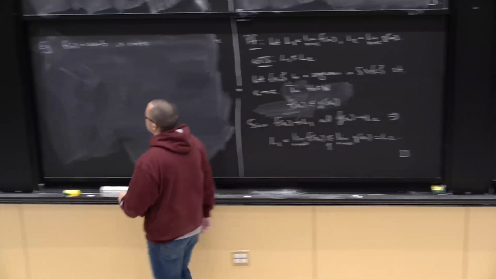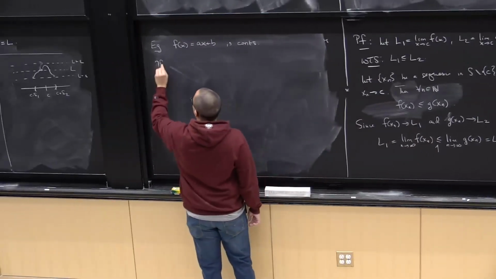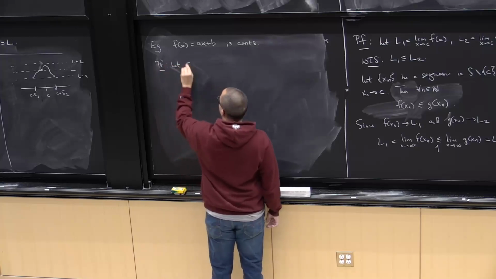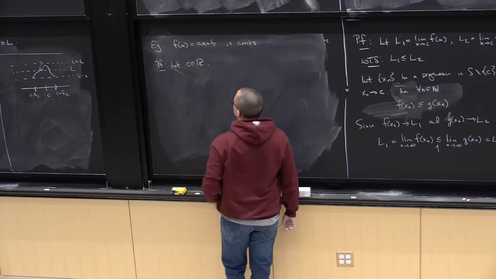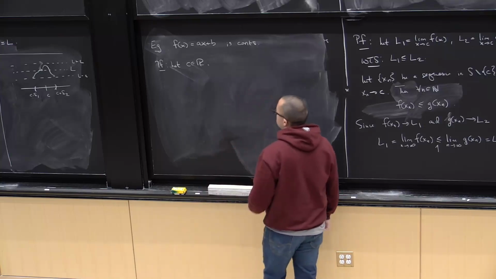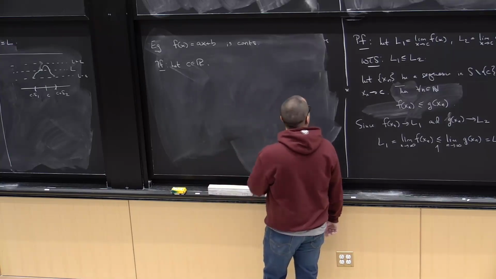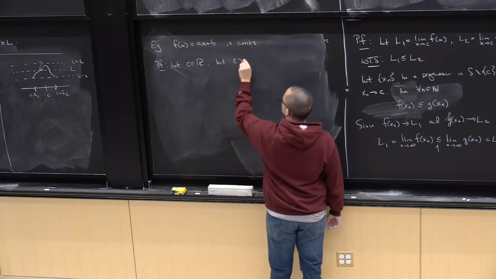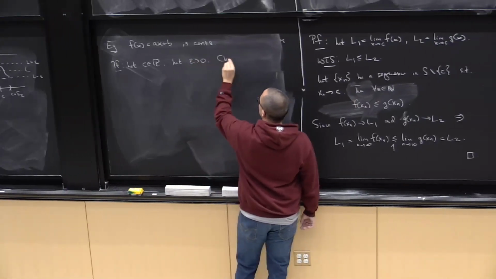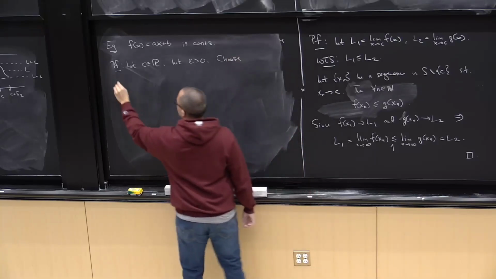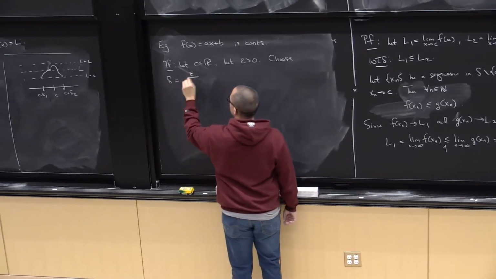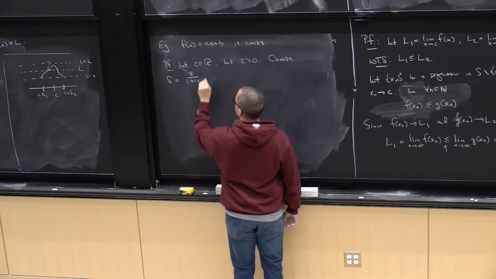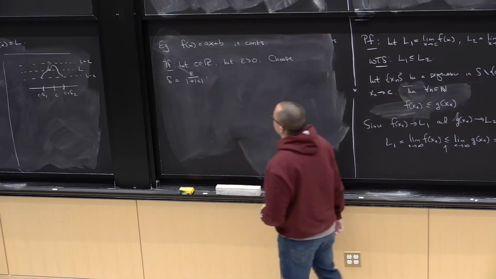All right? So let's prove this. Let c be an element of R. We want to show f is continuous at c. So we have to go through the definition. Let epsilon be positive. Choose delta to be epsilon over 1 plus the absolute value of a. Okay?